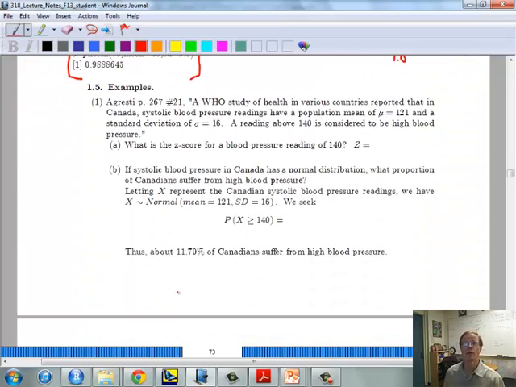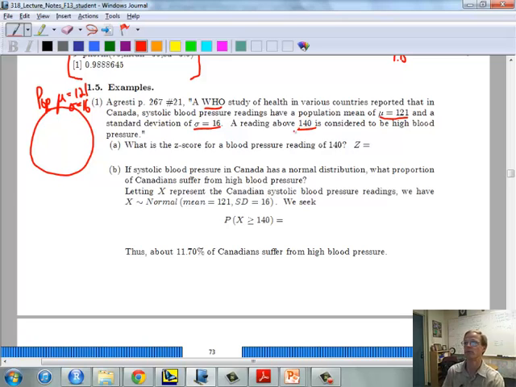Okay, I'd like to do a couple of examples. So, first example, we have this World Health Organization study in various countries has a true mean of 121, standard deviation 16. So thinking in my population here, the mean is known to us, standard deviation is known to us. This is not always the case, but here we are. 140 is considered high blood pressure.